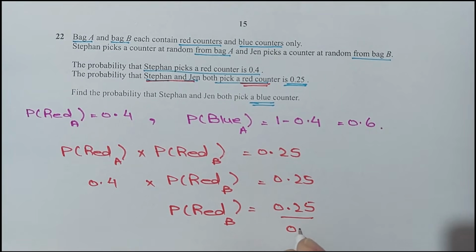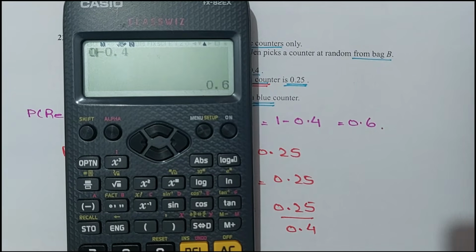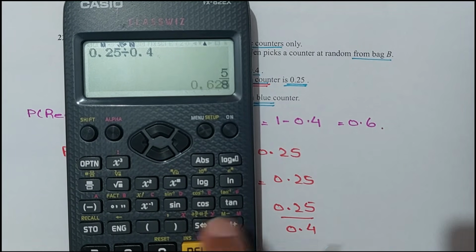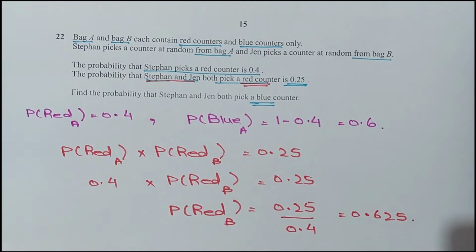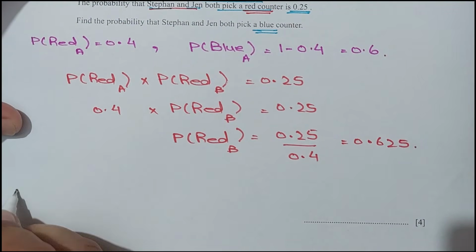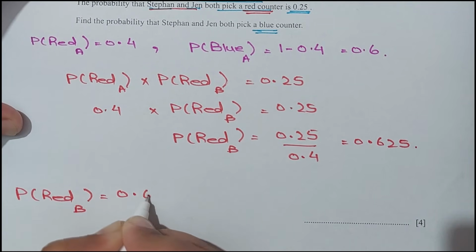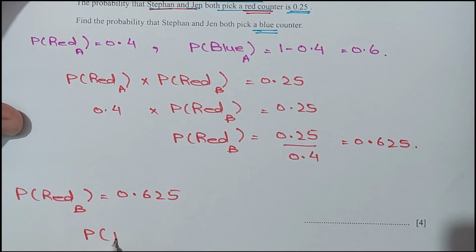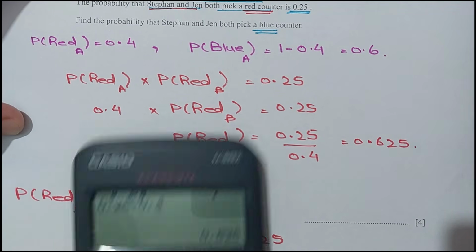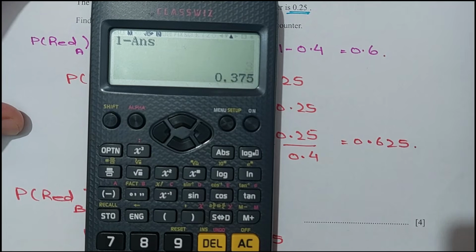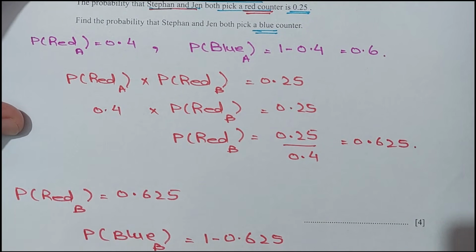Let me solve. What is the probability of red counter in bag B? 0.25 divided by 0.4 is 0.625. So the probability of red in bag B is 0.625, and the probability of blue in bag B is 1 minus 0.625, which is 0.375.